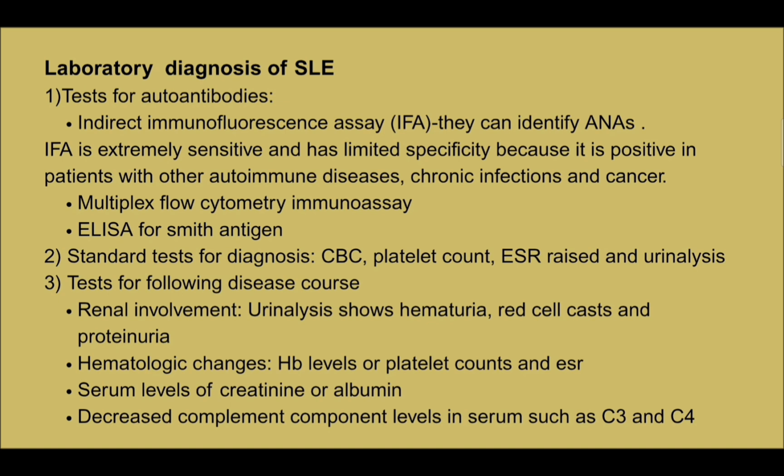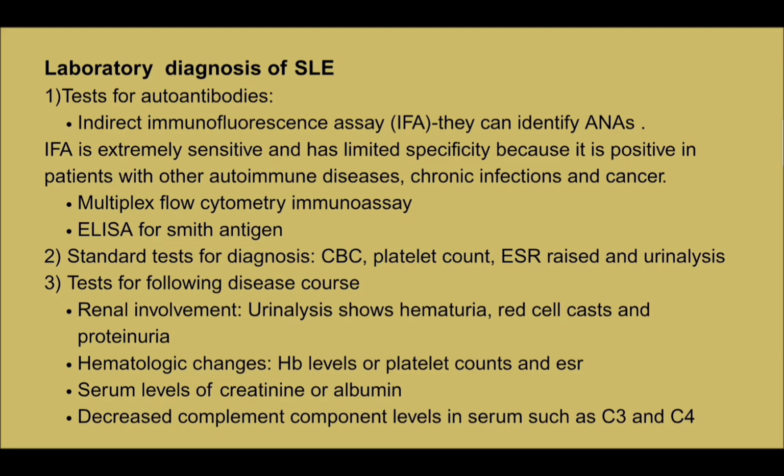The indirect immunofluorescence assay is extremely sensitive, positive in more than 95%, but the con is limited specificity because it is positive in patients with other immune diseases, chronic infections, and cancer. The next test is multiplex flow cytometry immunoassay and ELISA for Smith antigens.